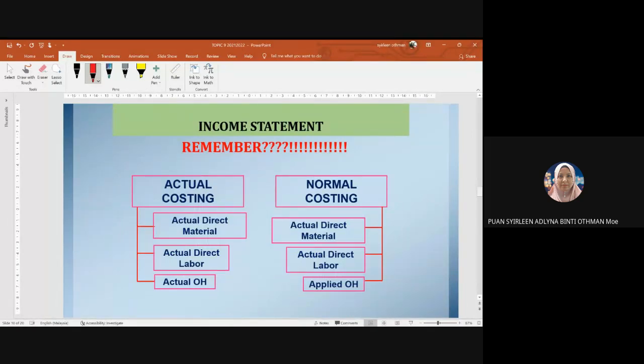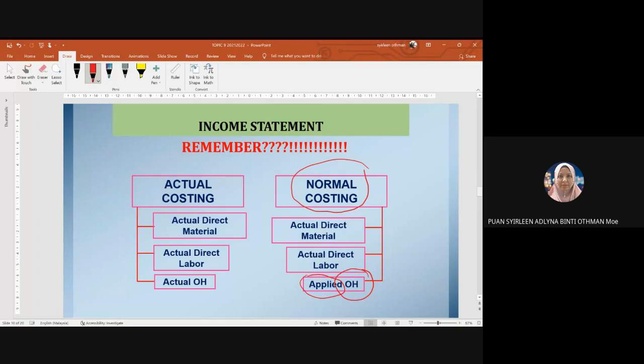Okay, so sekarang kamu kena ingat balik lah, recall balik apa kita belajar. Okay, so yang kita guna dalam absorption and marginal sekarang is actually we are still using normal costing. Apa maksud normal costing dekat sini? Bila kita sebut normal costing, OH kita atau MOH kita merupakan applied values ataupun applied figures, bukan actual MOH, tapi dia ialah applied MOH.